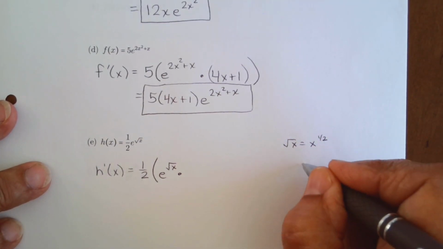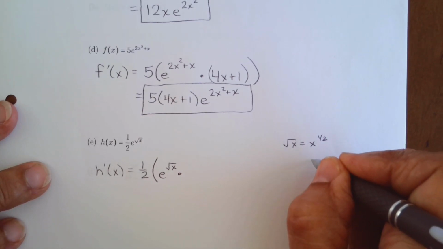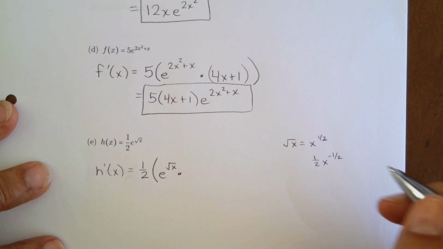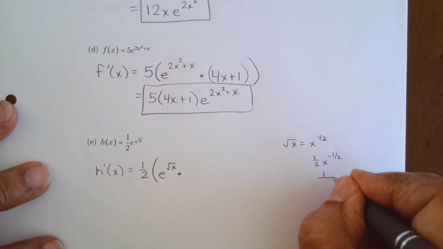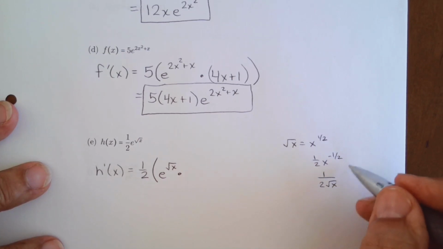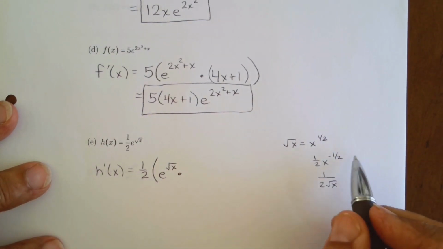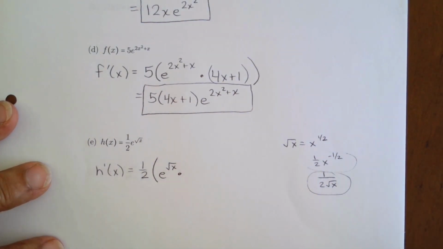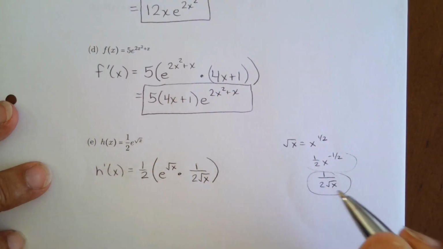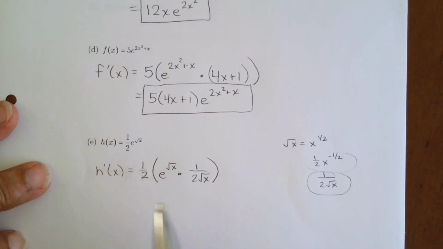So the derivative of that is 1/2 x to the negative 1/2. You can leave it like that, or you can bring that down to the bottom. A lot of times we write it this way. Same thing. Okay, so however you want to write it, you're going to multiply either by this or this, whichever you feel most comfortable with. So I'm going to write 1/2 square root of x. And that's the derivative of the exponent.